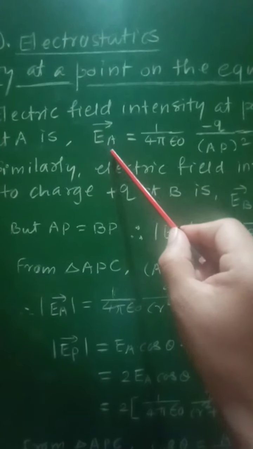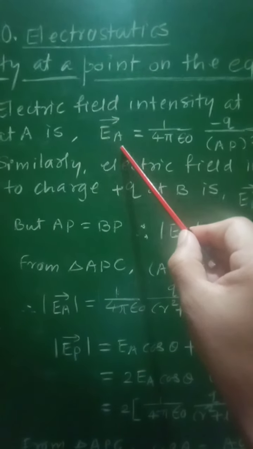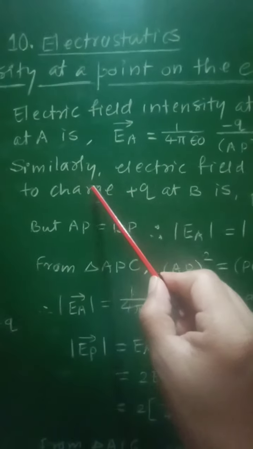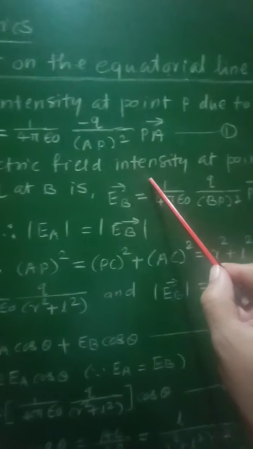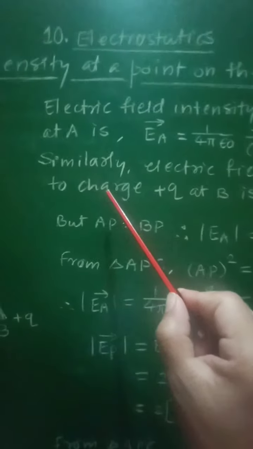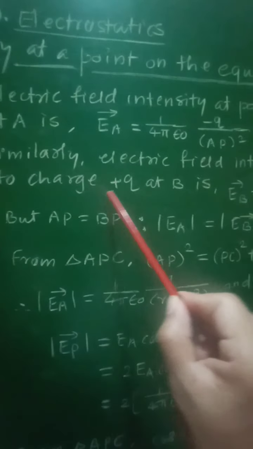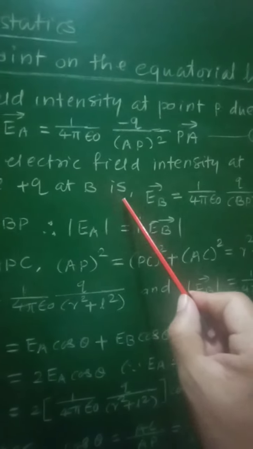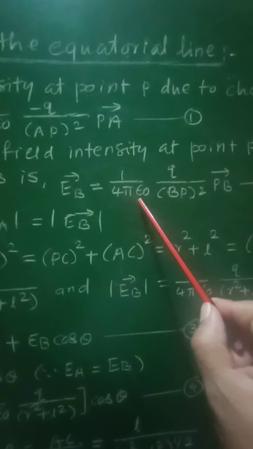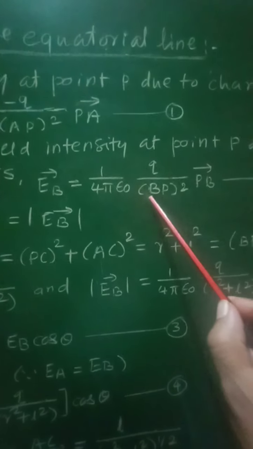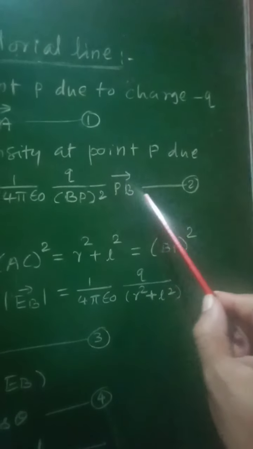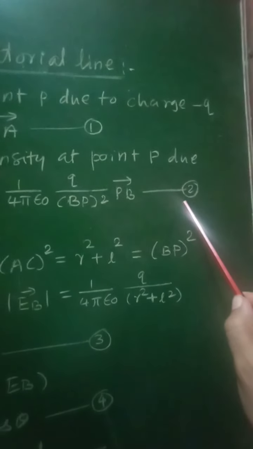So in vector form, electric field intensity EA is expressed. Similarly, the electric field intensity at point P due to charge plus Q at point B will be given as EB equals 1 upon 4 pi epsilon 0 into Q upon BP square into unit vector PB, equation number 2.